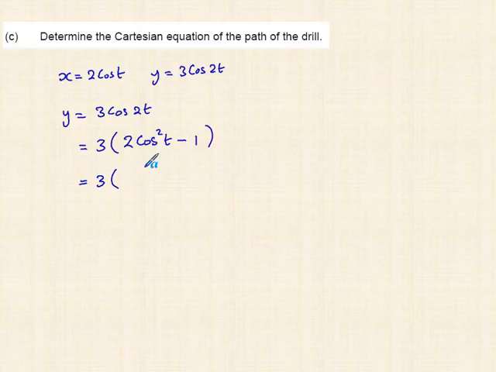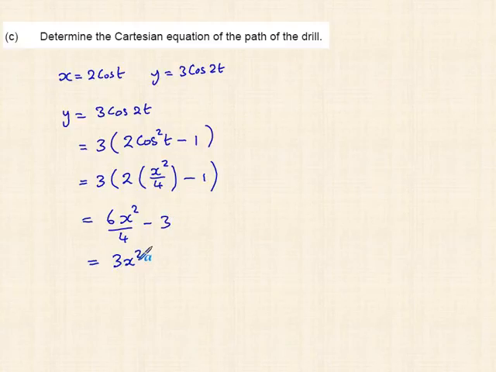So that's 3 into 2 lots. Now cos t would be x over 2, so this would be x squared over 4, take away 1. So that's 6x squared over 4, take away 3, which is 3x squared over 2, take away 3.